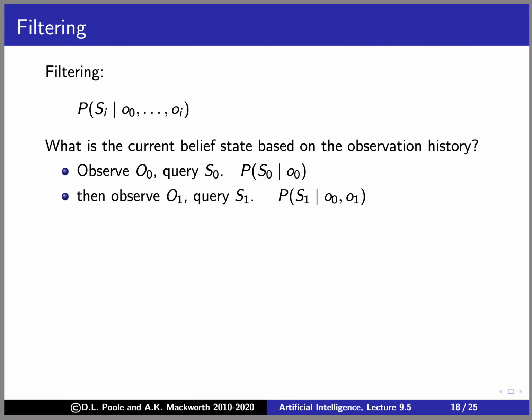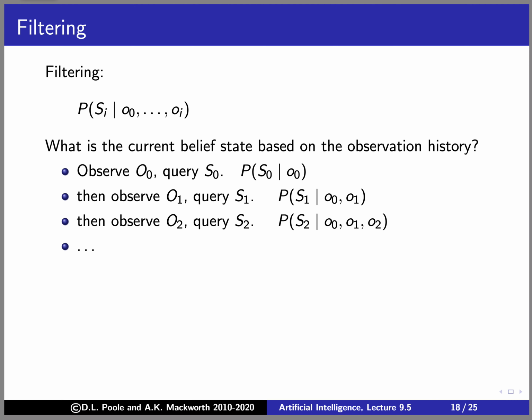Then we observe O1 and query S1, the probability of S1 given its observation history. Then observe O2, then query S2, conditioning on the whole observation history. That's the problem of filtering.